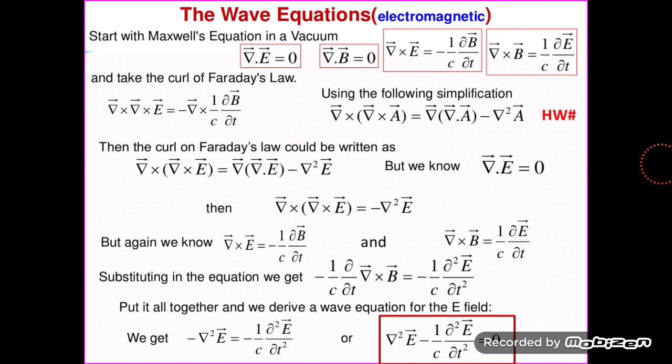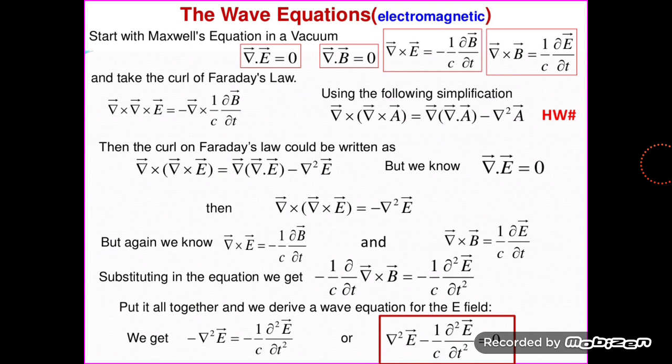The wave equation of electromagnetic waves starts with the Maxwell equations in vacuum, as we have read in the previous slide. Divergence of E is equal to 0, divergence of B equal to 0, curl of E is equal to minus 1 upon C del by del T of B, curl of B is equal to 1 by C del over del T of E. Take the curl of Faraday law.